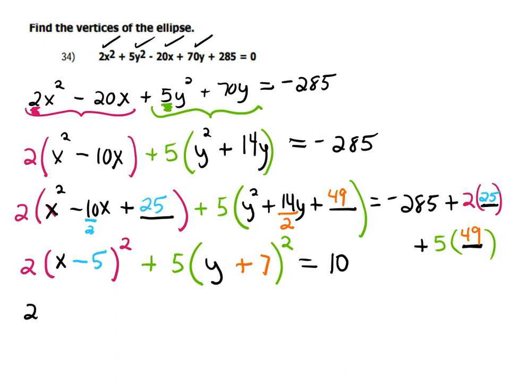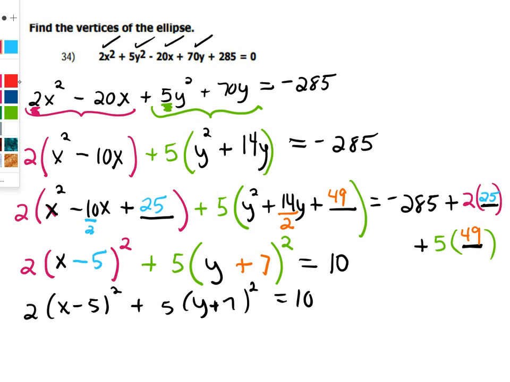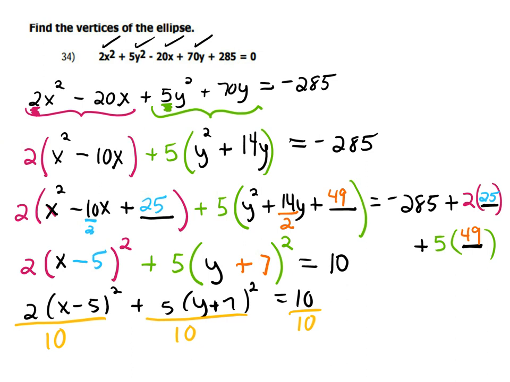So I am going to take all of this, gotta watch my time, I don't want this to cut off on me like it did the last time, and we are going to divide everything by 10. And this 2 goes into itself once, and it goes down here 5 times. This 5 goes in there once and goes down in there 2 times, and this over this just gives you a 1.